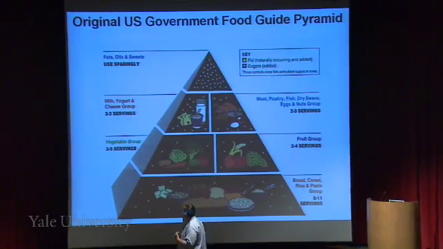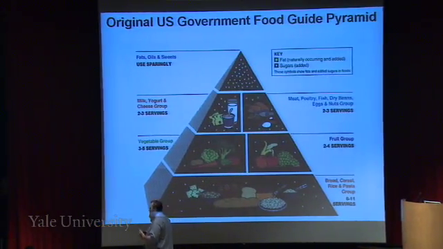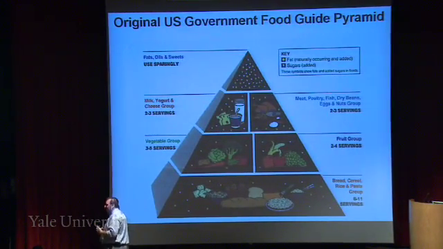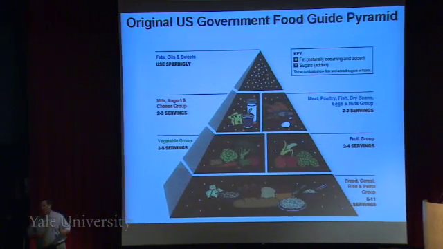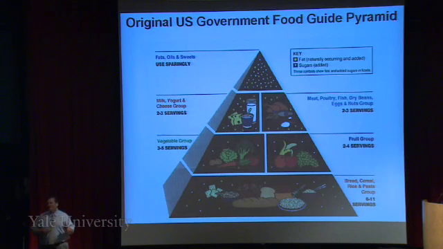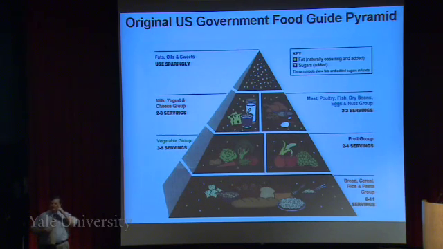Now, this food guide pyramid was roundly criticized by some people in the nutrition community as being rife with conflicts of interest. There was very heavy influence by the food industry, not only on the committees that created the report, but in revising drafts of the report once it came out, and then in the final guidelines.